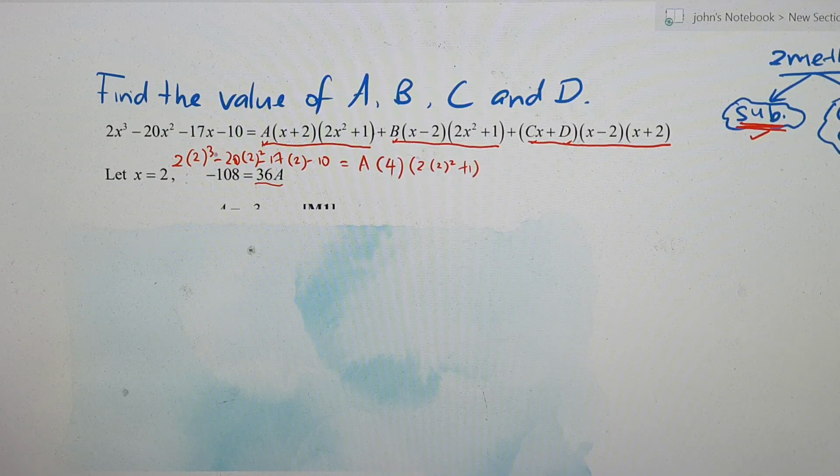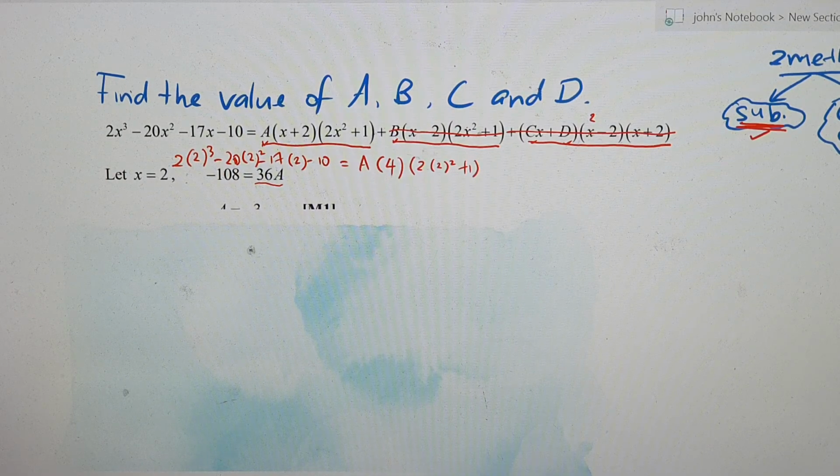Okay, so you see, when I sub in 2, replace the x with 2, this will disappear because 2 minus 2 is 0. Alright, then 0 times anything is 0. So this one will disappear, and when I put 2 here, this is also gone.